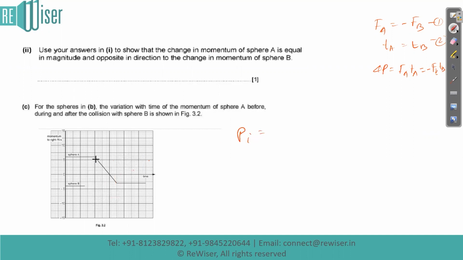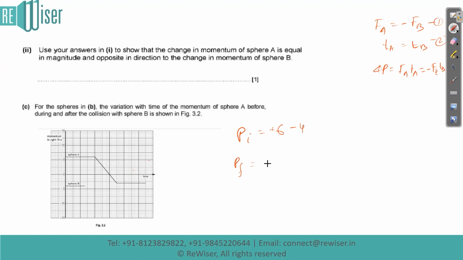The initial momentum of both the spheres will be, you see, positive 6 newton second for sphere A, and negative 4 newton second for sphere B. This is the initial momentum. For the final momentum, sphere A now gains negative momentum. That means it is now moving in the opposite direction. That is what they are trying to say.